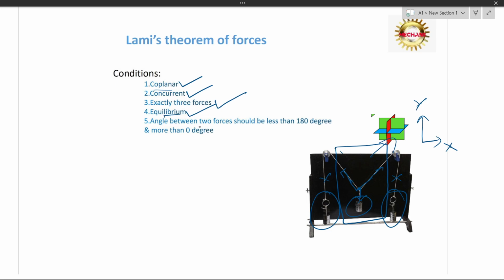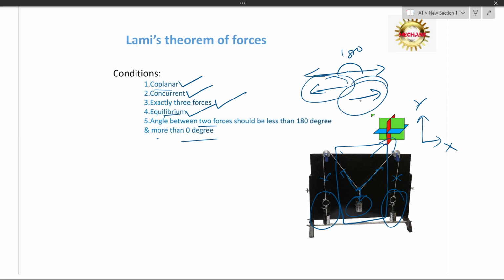And one more point, which I derived personally, because the angle between two forces is very important. Consider two forces acting like this, with 180 degrees between them. We can convert these into a single force, either in this direction or this direction, based on the magnitude. If the magnitude in this direction is higher, we can convert it into a force in this direction.